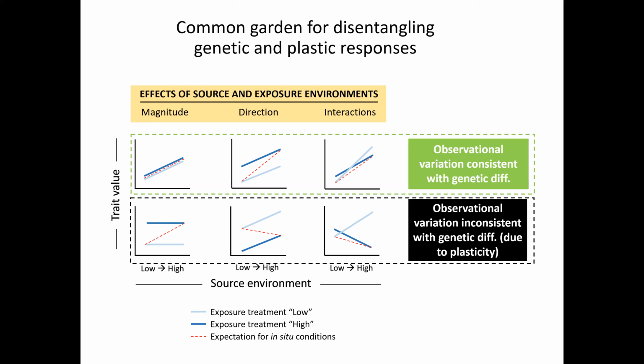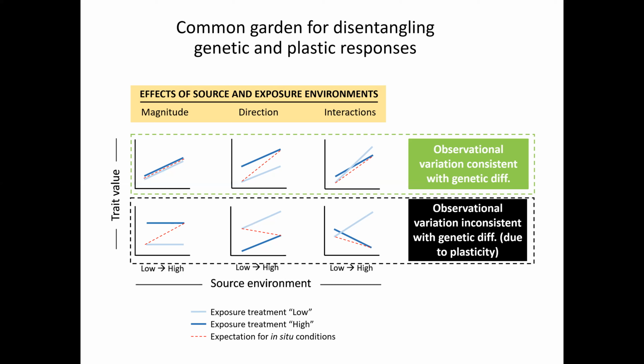And following the example, we could have the case of no genetic differentiation, but we could find a positive response if we use observational data, just because of the existence of plasticity.